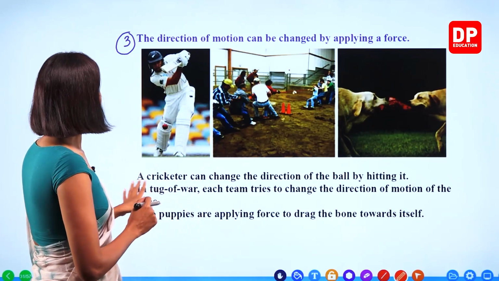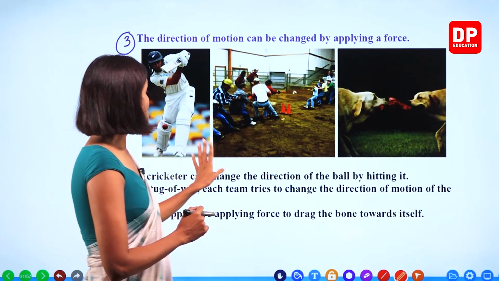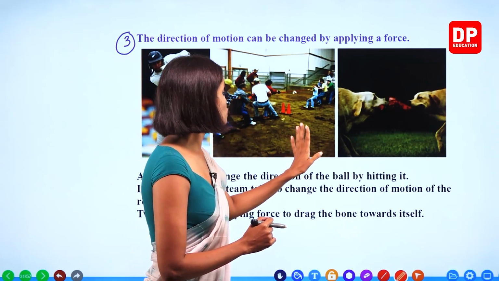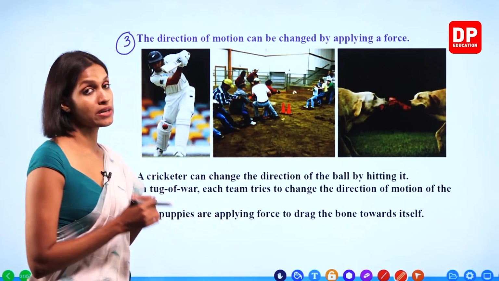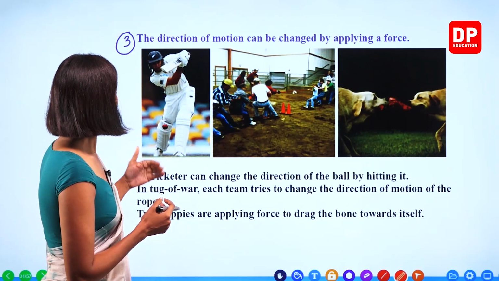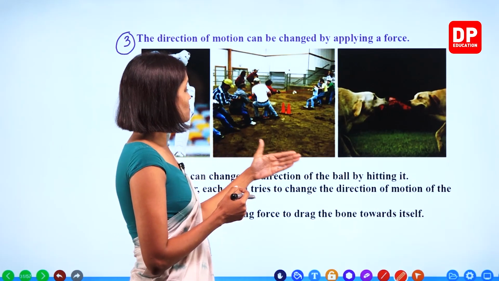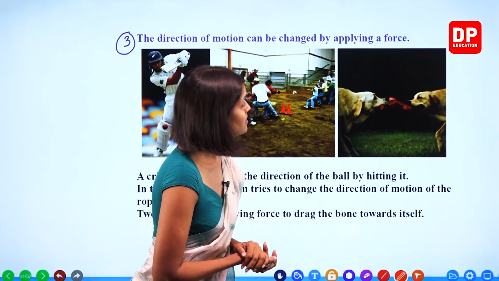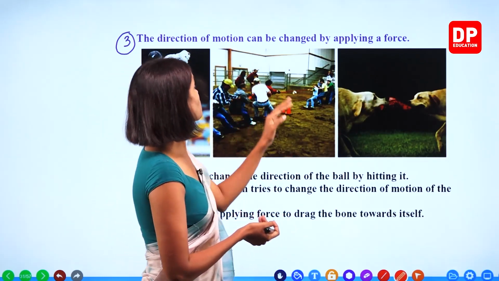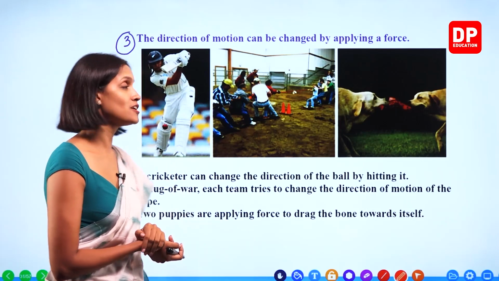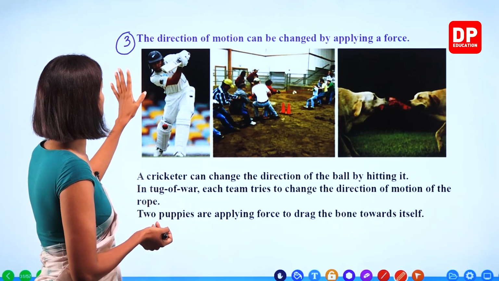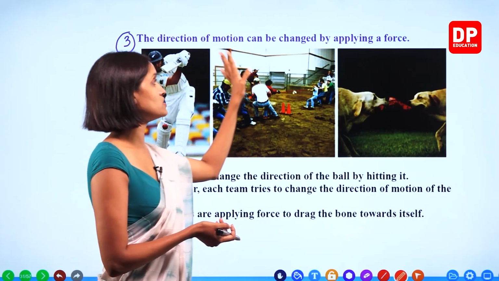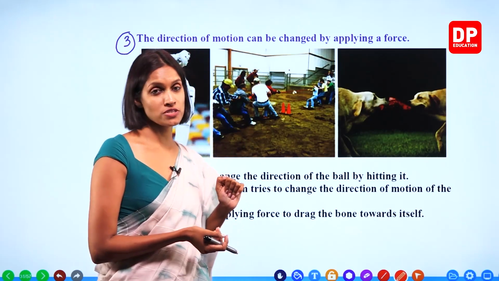In tug of war, each team tries to change the direction of motion of the rope by applying force. Two puppies are applying force to drag the bone towards themselves, just like this tug of war. So the third effect of force is that the direction of motion can be changed by applying force.